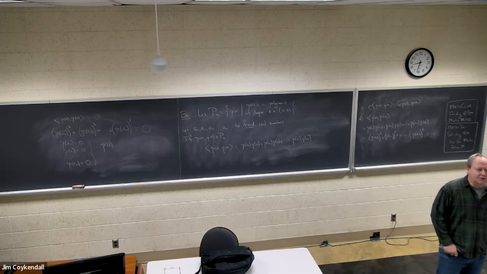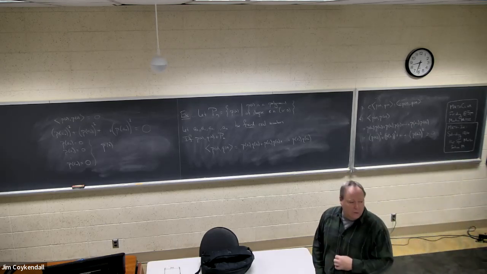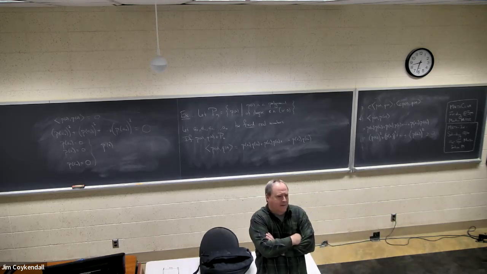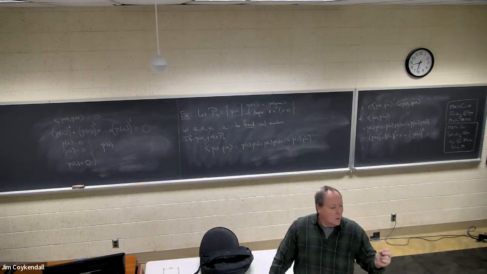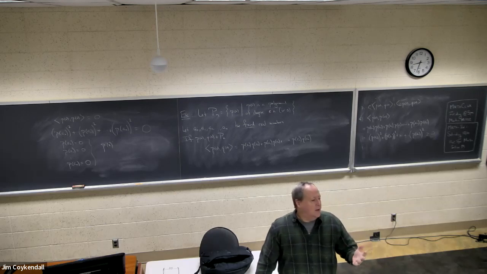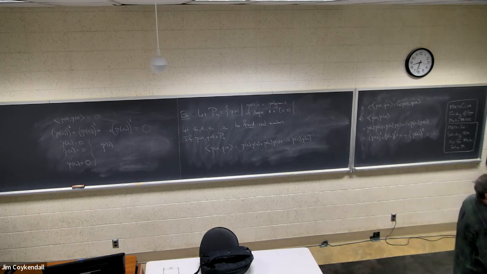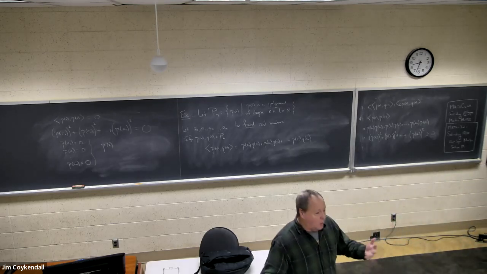Let me ask you this. There is a specific restriction that we do have on P of X. What's the restriction on P of X? It's degree n or less, right? Let me ask you this. If I have a polynomial of degree 10, what's the most number of roots that it can have? Do I agree with that? If I have a polynomial of degree 27, the most number of roots it can have is 27.